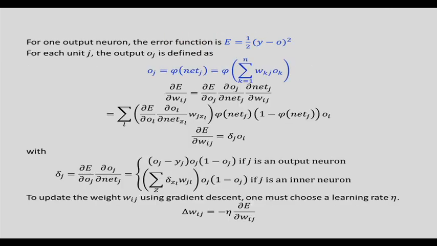So this is what we have rewritten here. This is the error function, this is Oj, and del E by del wij is what we did in the previous slide.